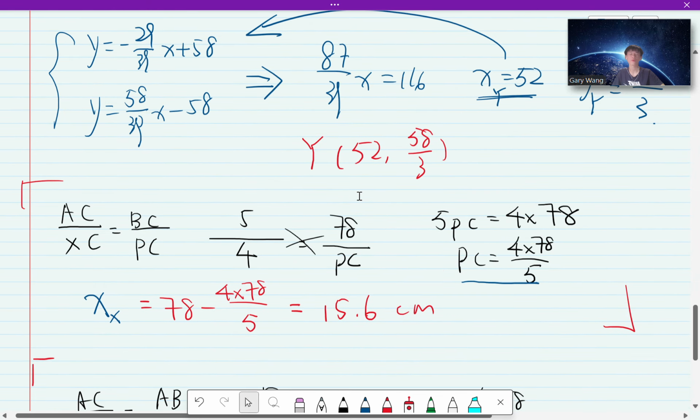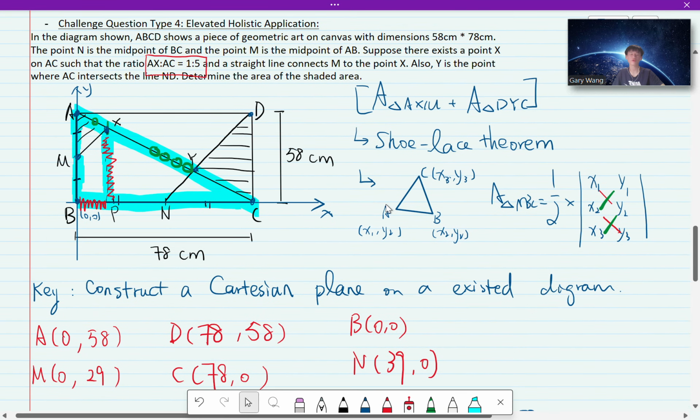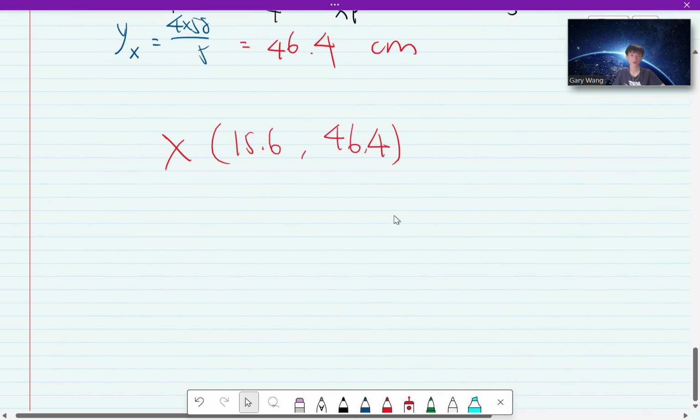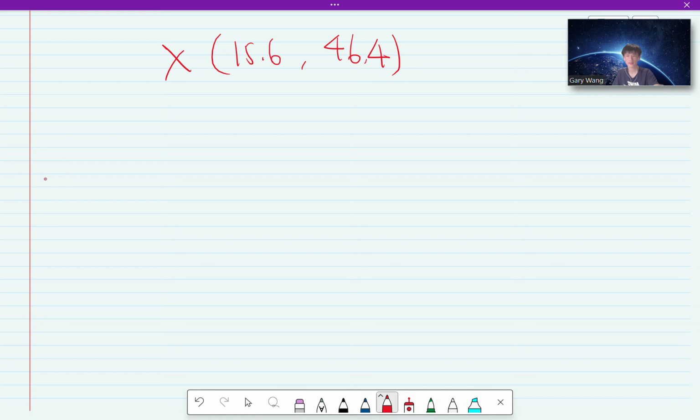And now we have gathered all the information we want to apply the shoelace theorem. We want to do the triangle AXM first, then the triangle DYC. So let's do triangle AXM first.